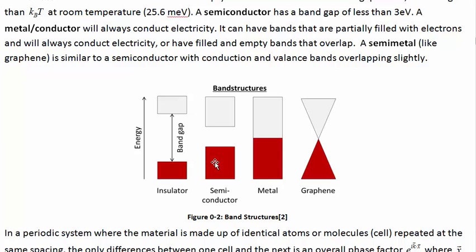So semiconductors and metals, the big difference is where the states are filled to. In a semiconductor, there's a band gap between the energy states that are filled and the energy states that aren't filled. So up here, there's a lot of energy states, but there's no charge carriers, or a very small amount.